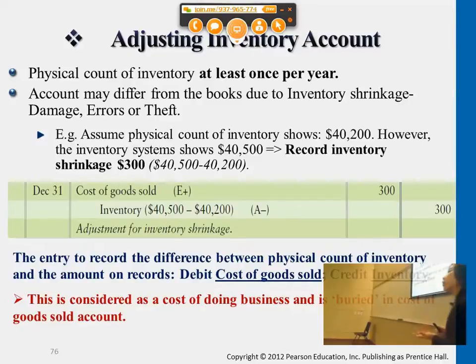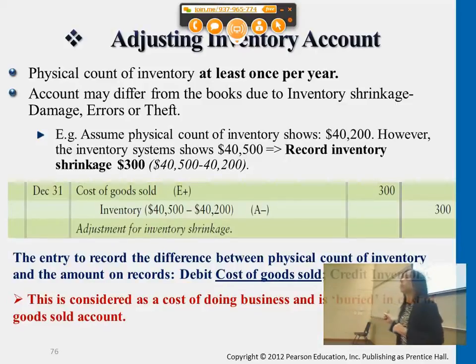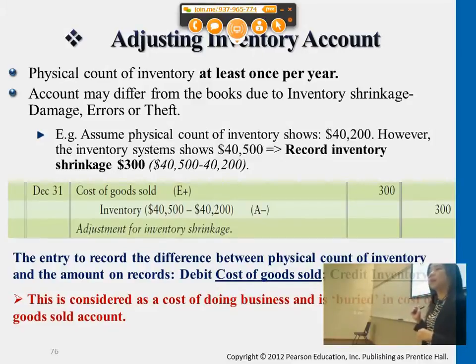So remember, the feature of the perpetual inventory system is that it continuously updates the inventory level. Remember we talked about barcodes? Whenever the cashier scans the barcode, that action immediately links to the inventory account and cost of goods sold. But at the end of the year, a company still wants to make sure that the inventory value they're disclosing to users of the financial statements is exact and matches what they have in their warehouse.